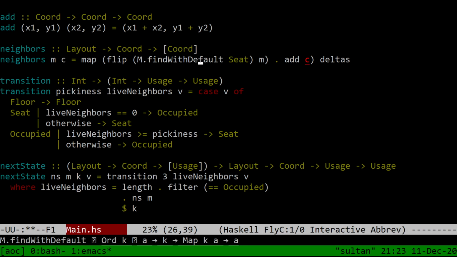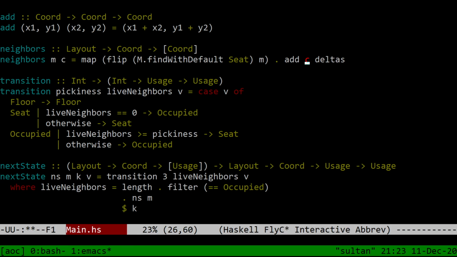M find with default seat. That applies the default. Then I flip it so that it's expecting the map. Then I apply the map. And now it's a function expecting a key, and I compose adding with C. Am I crazy?